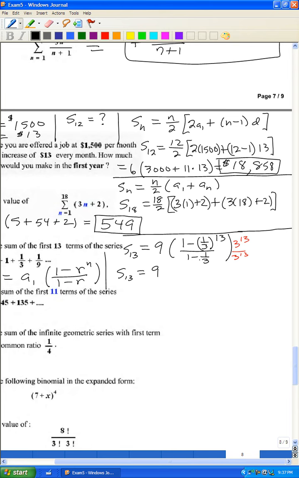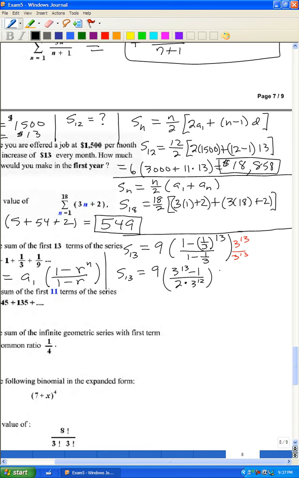And so that'll be 3 to the 13 minus 1 over, well, that's going to be 2/3 times, so that's 2 times 3 to the 12.